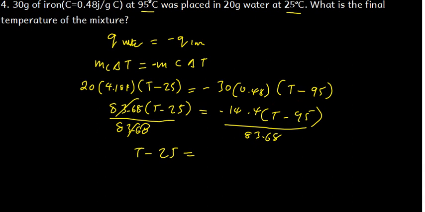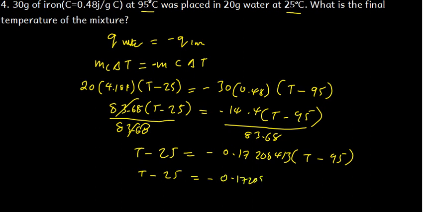So that is giving me negative 0.17208413, and then multiplied by T minus 95. At this point I can multiply this with what is inside. So what I'll get is T minus 25 is equal to negative 0.17208413 T, and then this value multiplied by the negative 95 will become positive.